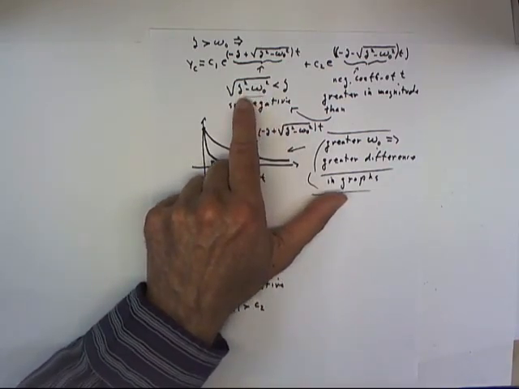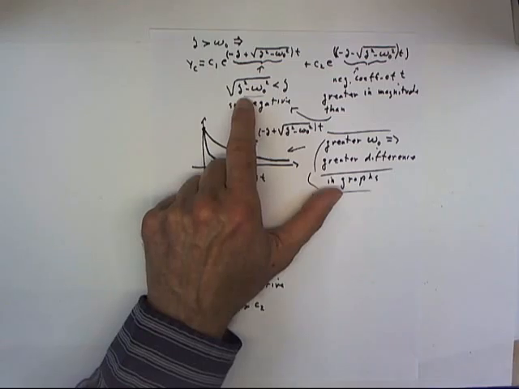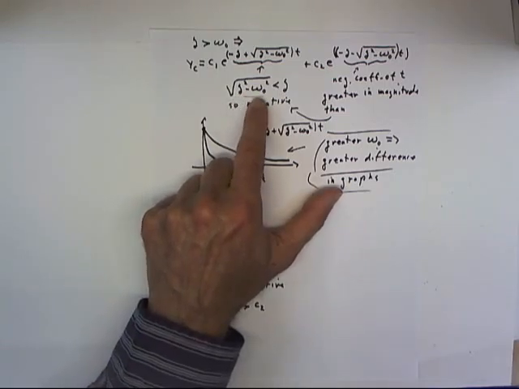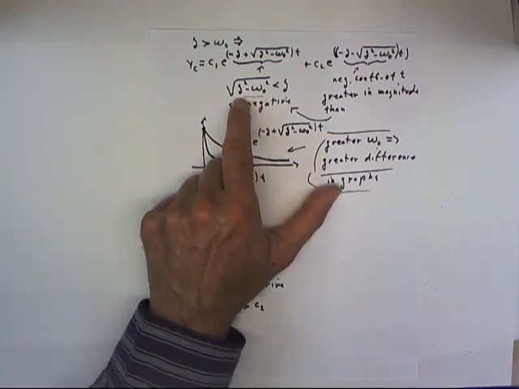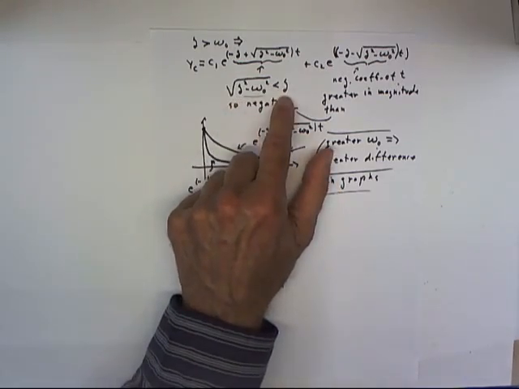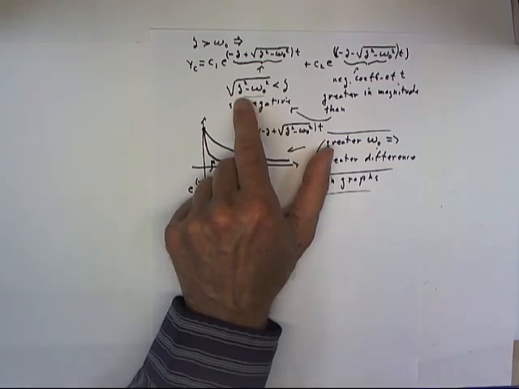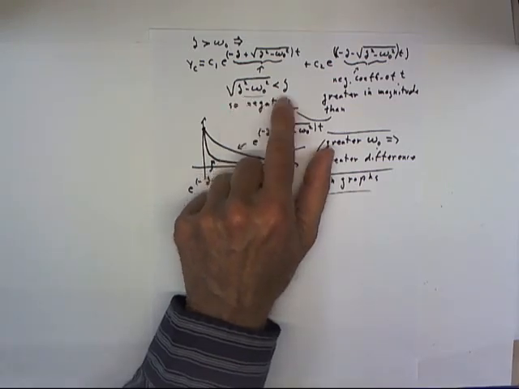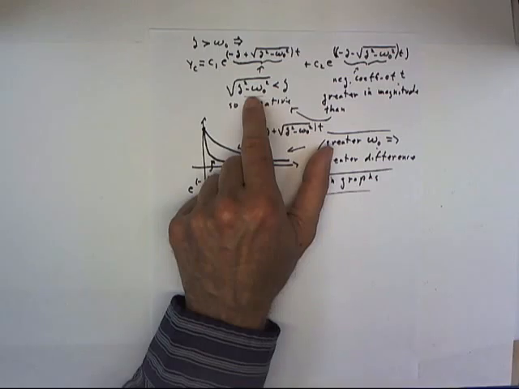Now recall that delta is bigger than omega, so that this is a real number. And also note that the square root of delta squared minus omega naught squared is less than delta. Just think, the square root of delta squared itself would be equal to delta, and if we subtract, we get a smaller number inside the square root, so it's going to give us a smaller result.